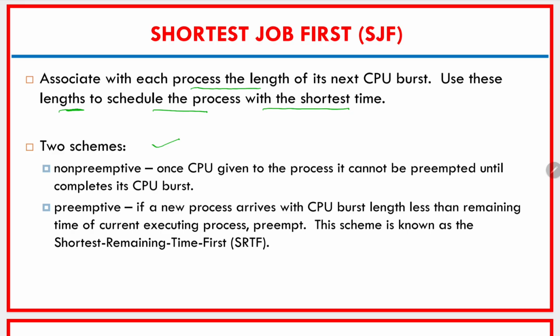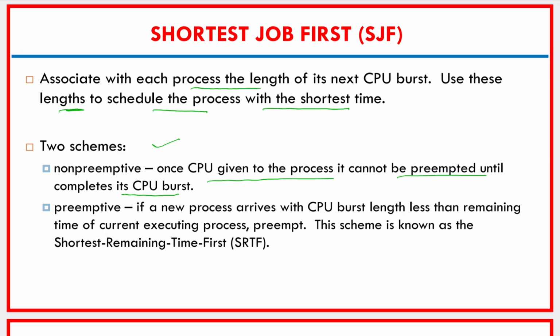As I've already discussed with you, non-preemptive is a scenario where once the CPU is given to a process, that process cannot be preempted until it completes its entire CPU burst, or it needs to perform some IO activity.